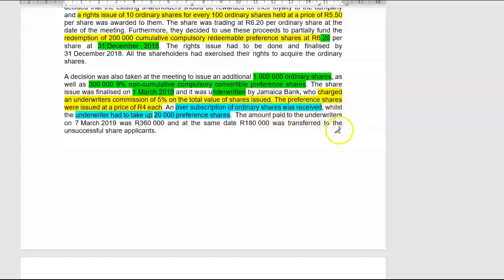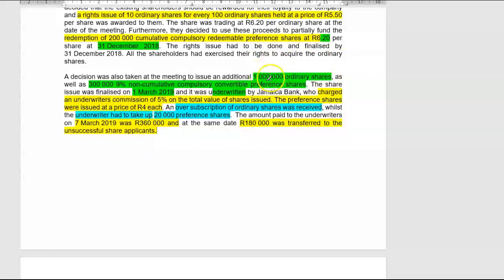The amount paid to the underwriters on 7 March 2019 was 360,000, and at the same date 180,000 rand was transferred to the unsuccessful applicants. So clearly, if there were unsuccessful share applicants, that must refer back to the ordinary shares that were issued.